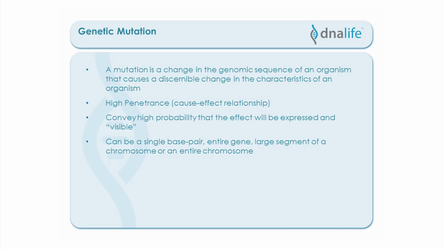Now these can be in the form of a single base pair. It can be an entire gene that is missing. It can be a large segment of a chromosome that is either missing or deleted, or it can be an entire chromosome that is missing or has been duplicated. So these are genetic mutations and they result in an effect that is expressed and that is visible.